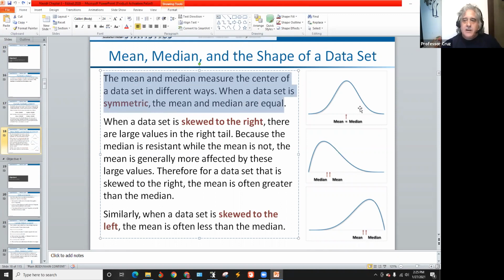They call it approximately symmetric. So the data that's spread out like this, the reason we know this is because generally we're looking at a histogram to tell whether it's more or less that shape. But on that type of data, the mean and the median are more or less equal.